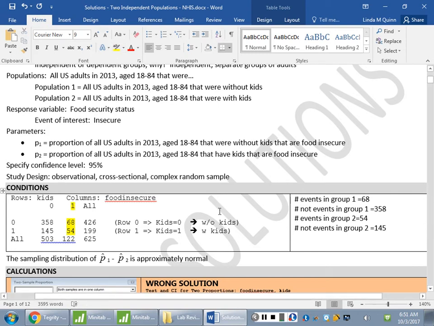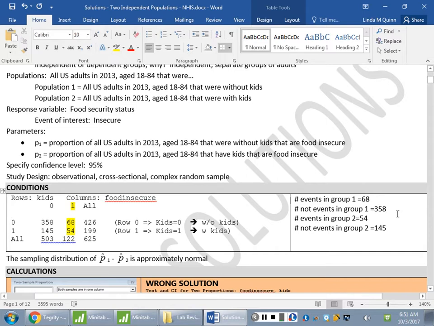Okay, so now we're going to go through and answer the questions. What's group 1? In my case, group 1 is without kids. And so there are 68 people that are food insecure that live without kids, 356 that are not. I'm sorry, 358 that are not. 54 in the other group, and 145.